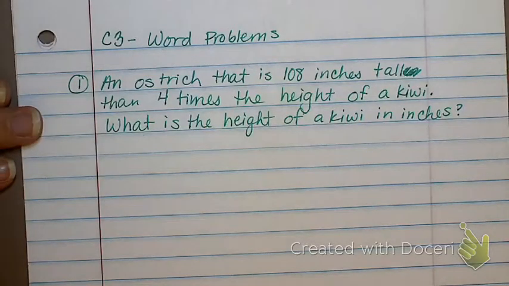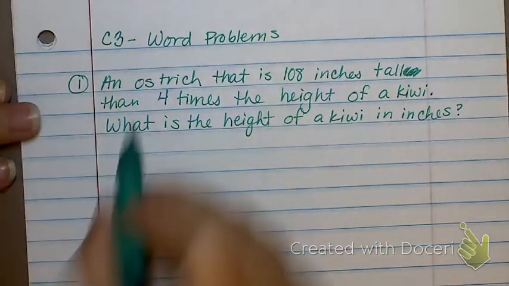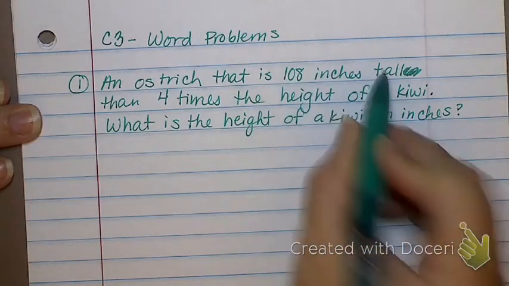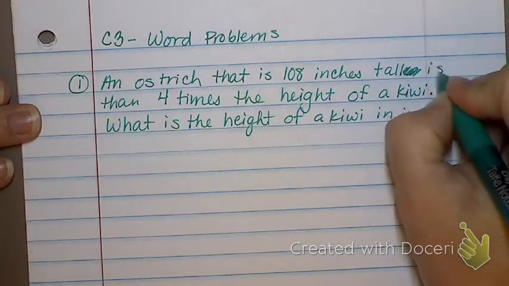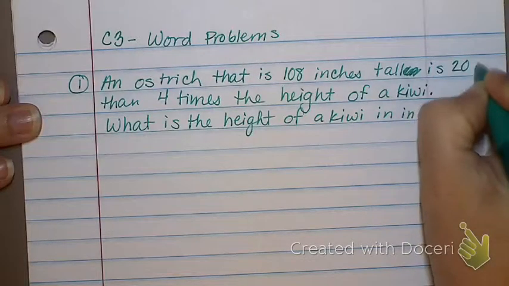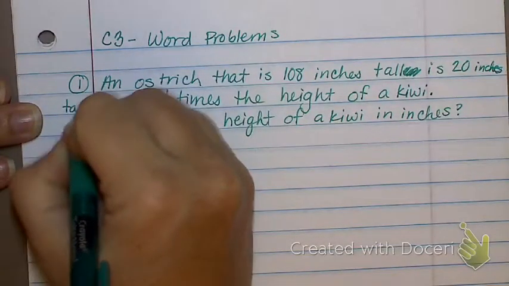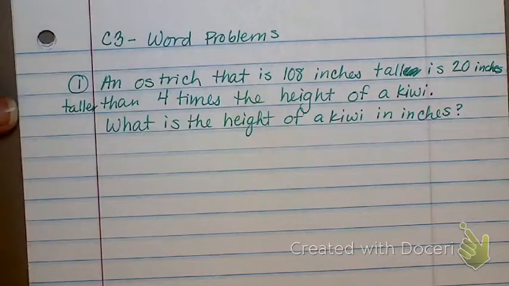Hang on. I totally wrote this question down wrong. An ostrich that is 108 inches tall is 20 inches taller than 4 times the height of a kiwi. There we go. Now my sentence makes sense. Skipped ahead of myself there.